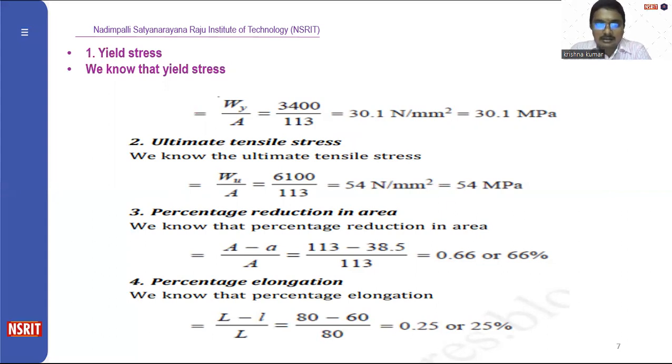And we also calculate the elongation value. Here we calculate capital N minus small l by 80, so we get the initial length minus the increased length, and we are able to get this value.